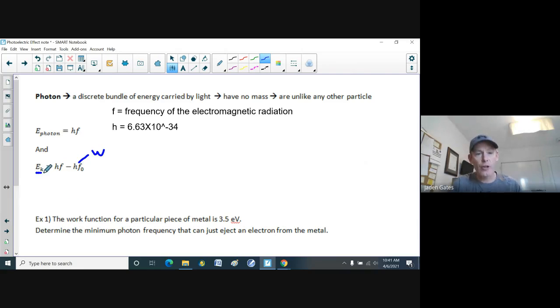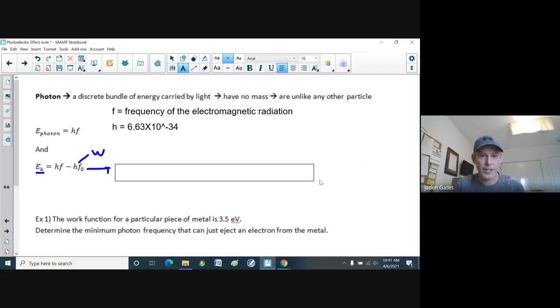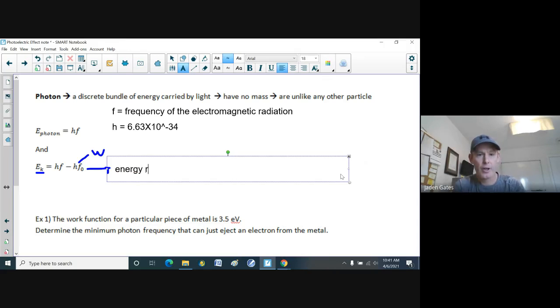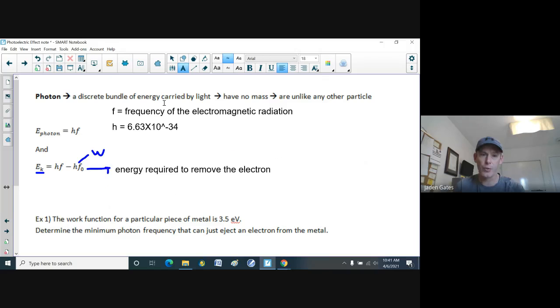And that leftover energy goes into making the electron move, the electron that's being shot out from the metal. So this is the energy required to remove the electron. So you need that much energy first off. And that depends on the frequency of the metal you're dealing with.